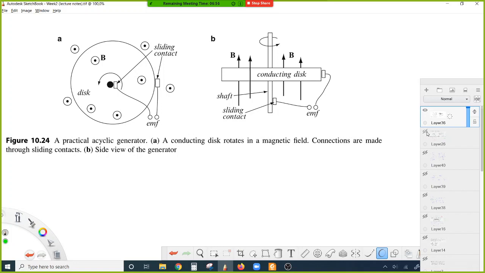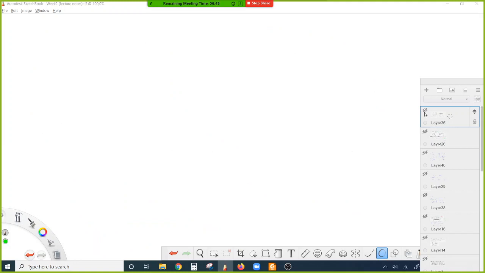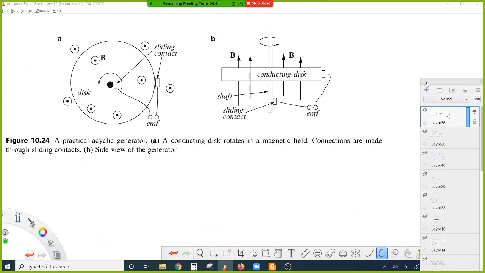Instead of rotating a bar around some axis, if we apply some voltage to the end of this disk and to the center of the disk, an imaginary bar occurs, and current starts to move in this direction.